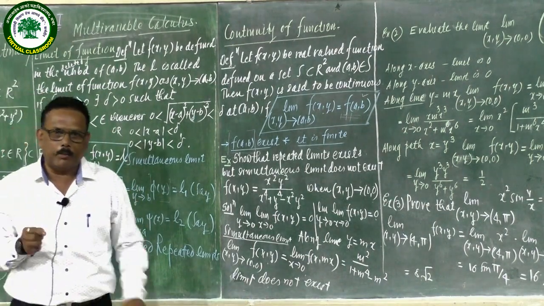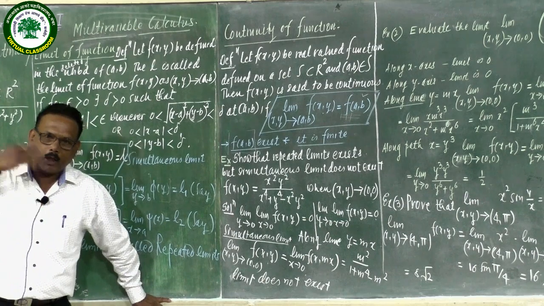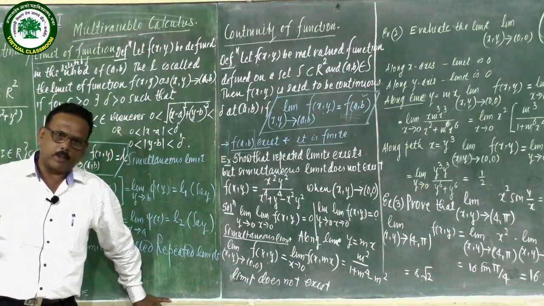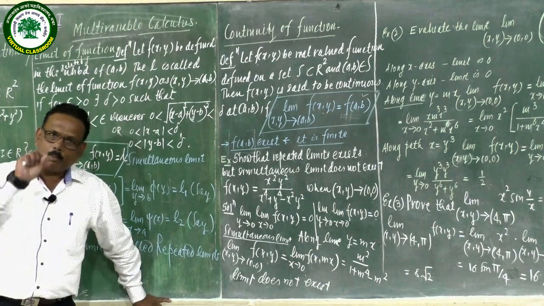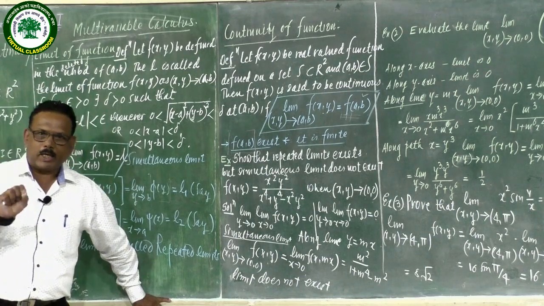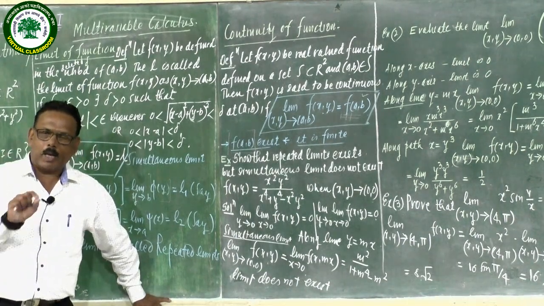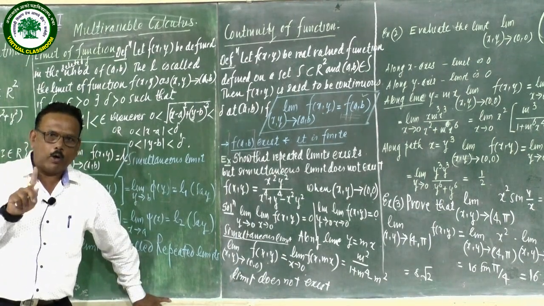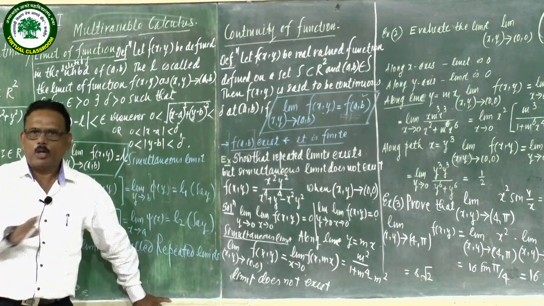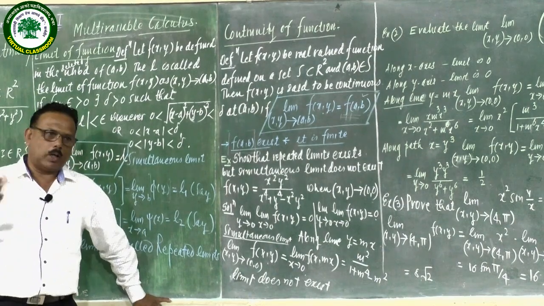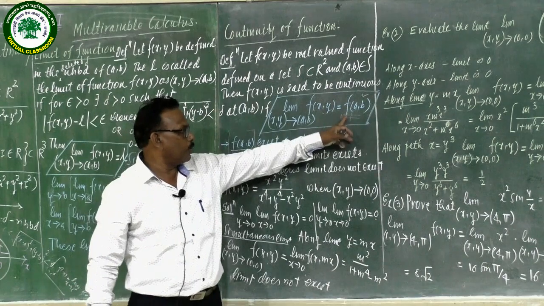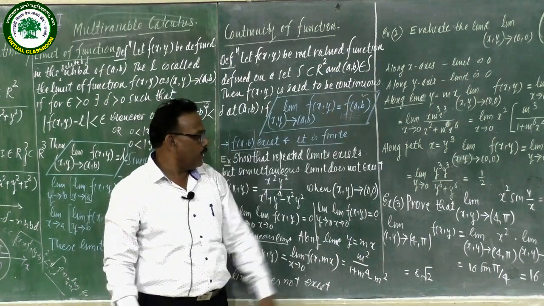Remember that in each case, along different paths as (x, y) tends to (a, b), the value of the limit should be the same, then the function is continuous, otherwise it is not continuous. That value of the limit should exist and it should be equal to the value of the function at point (a, b).